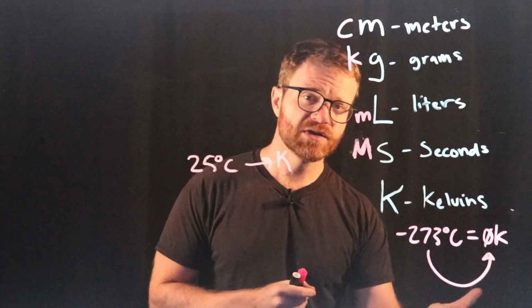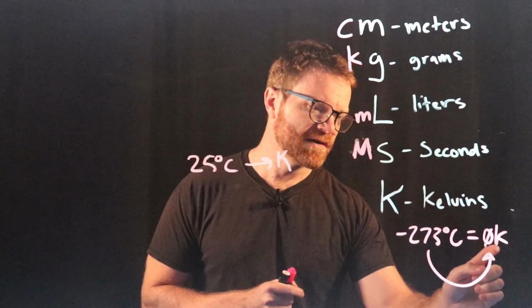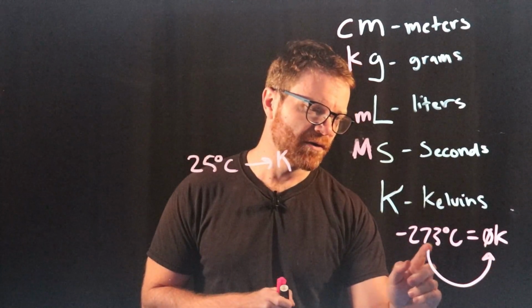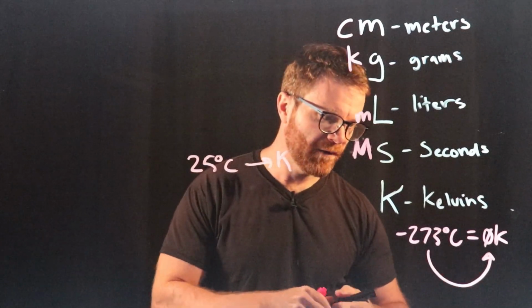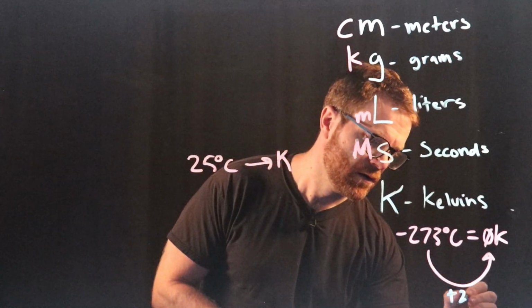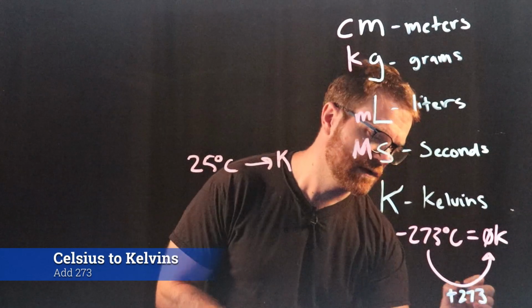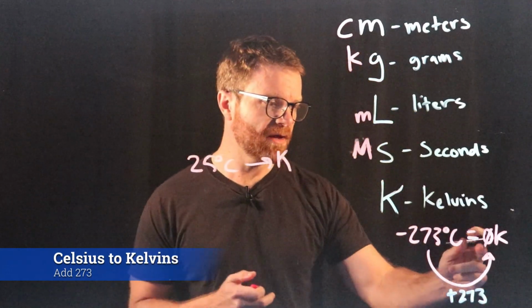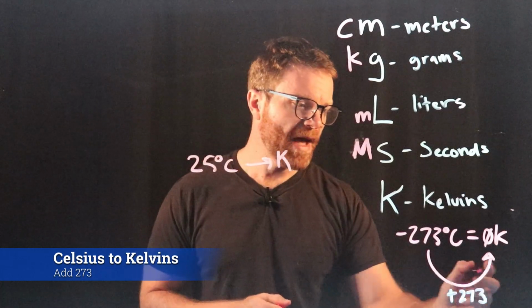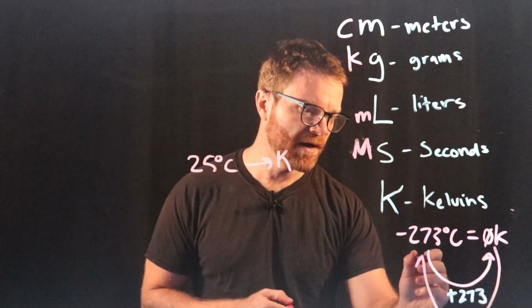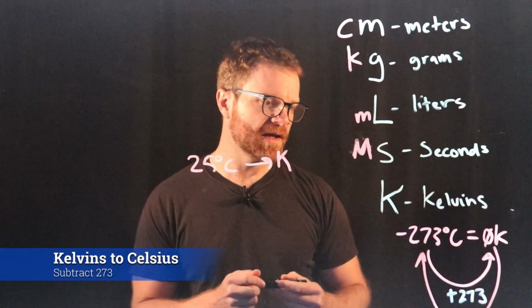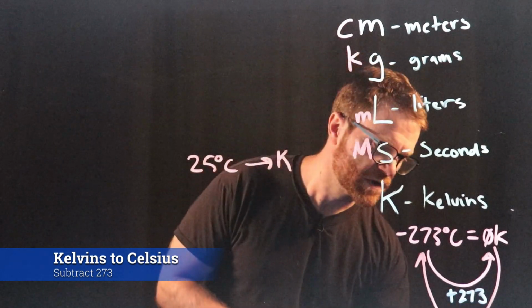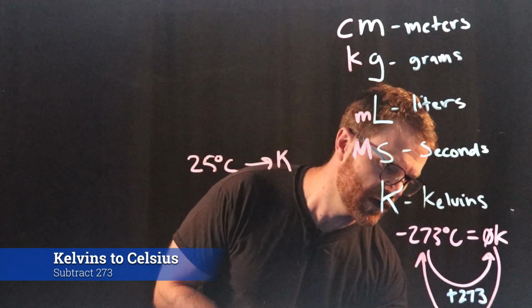So you can see the relationship here is that 0 kelvins is the same as negative 273 degrees Celsius, but we've added 273 to it. Likewise, if we were to look at how to get from kelvins back to degrees Celsius, if we were to go the other way, we're going from 0 to negative 273, we're subtracting 273.